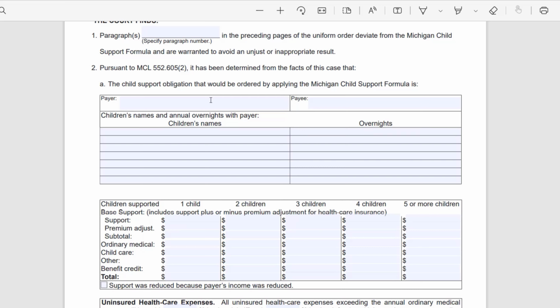So following the child support formula, say you put the information into the child support calculator, what information did it kick out? What's the payer, payee, the children's names, and the overnights that each of those children have with the parties.